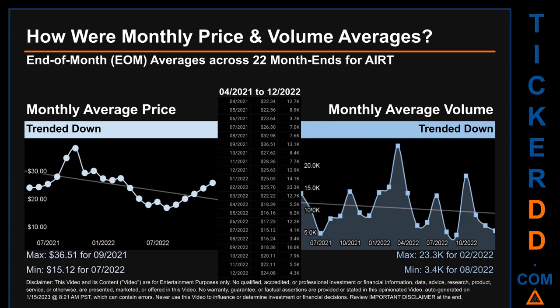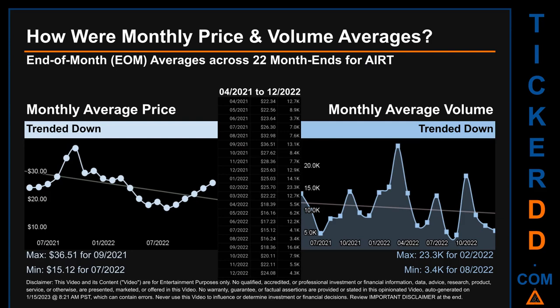How were price and volume averages for AIRT? Across 439 trading days, there were a total of 22 month ends, of which monthly averages for daily price and volume were calculated. Overall, monthly price average trended down while monthly volume average trended down.